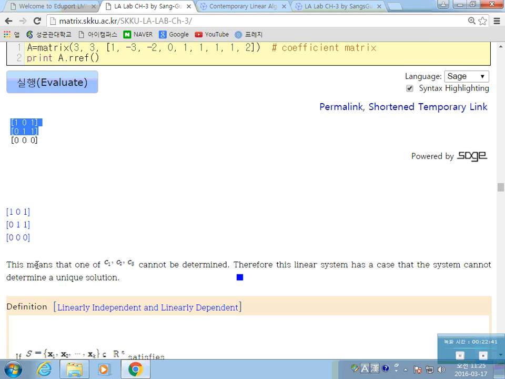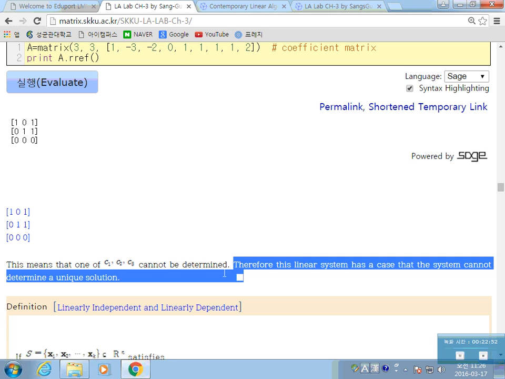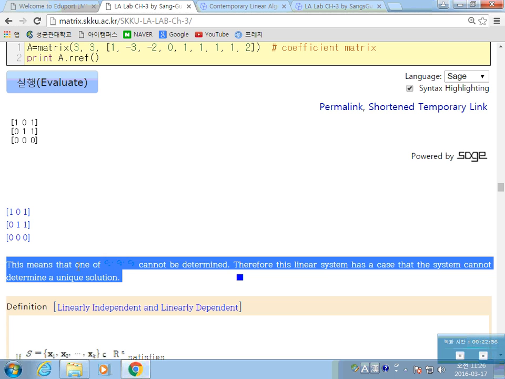This means that one of C1, C2, C3 cannot be determined. Therefore, the linear system cannot determine a unique solution. So in that case, we know it doesn't have a unique solution.